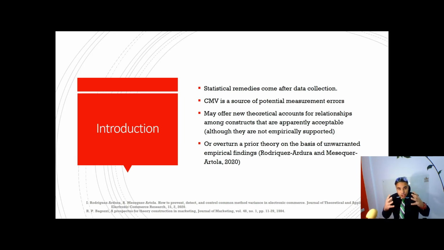It may produce new theoretical and empirical findings that are not supported by correct empirical analysis. In addition, it may lead you to question theories that have already been empirically and correctly founded. So it is very important to understand the CMV problem in your data.